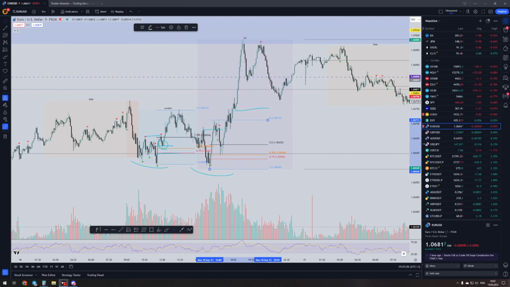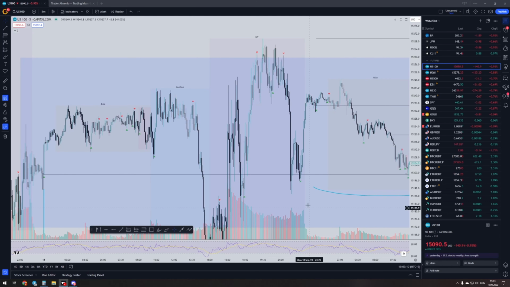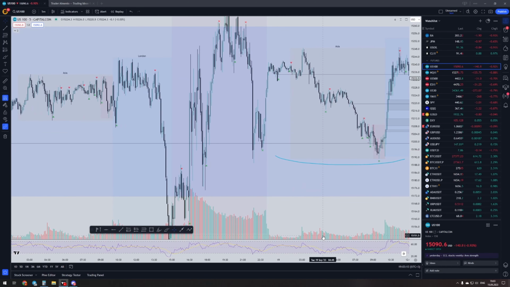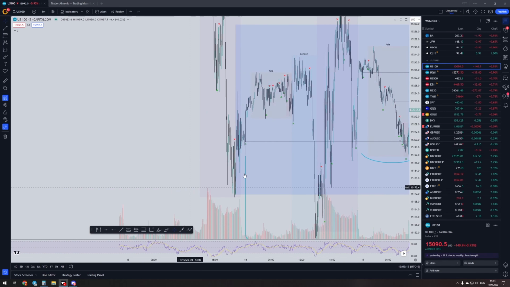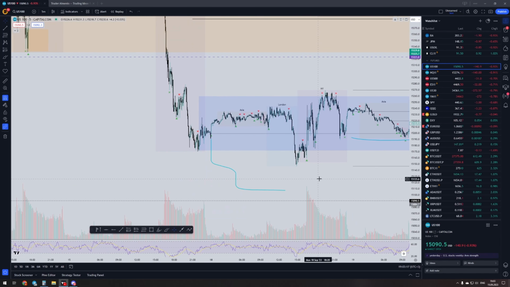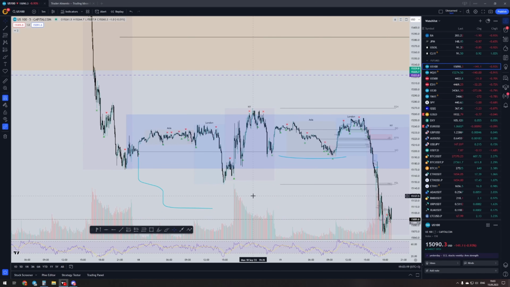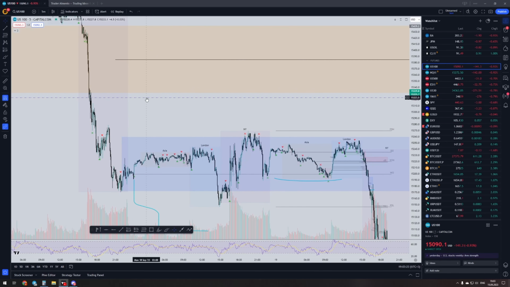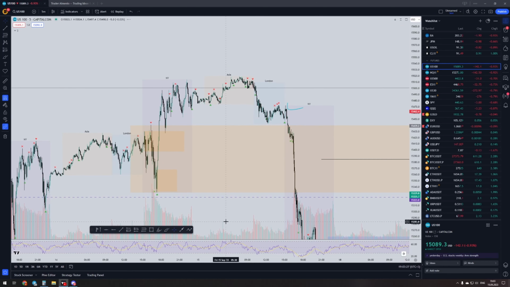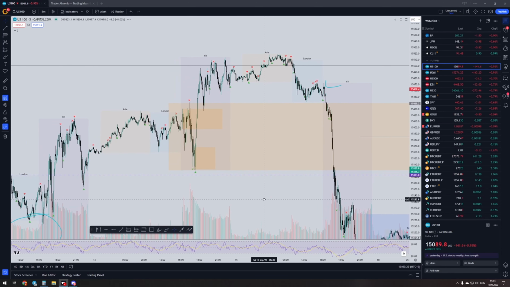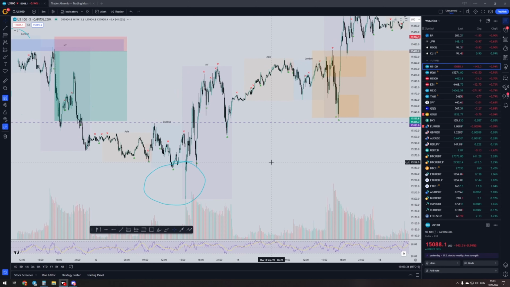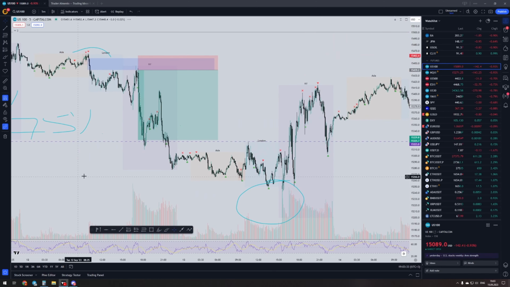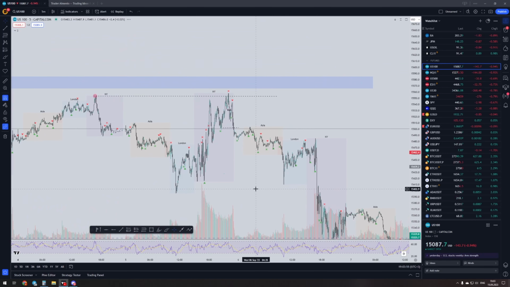Now, this is forex. What about indexes? Indexes will be exactly the same, but on indexes sometimes we have ranges, etc., all this kind of stuff, but you can still find this setup, specifically this one.